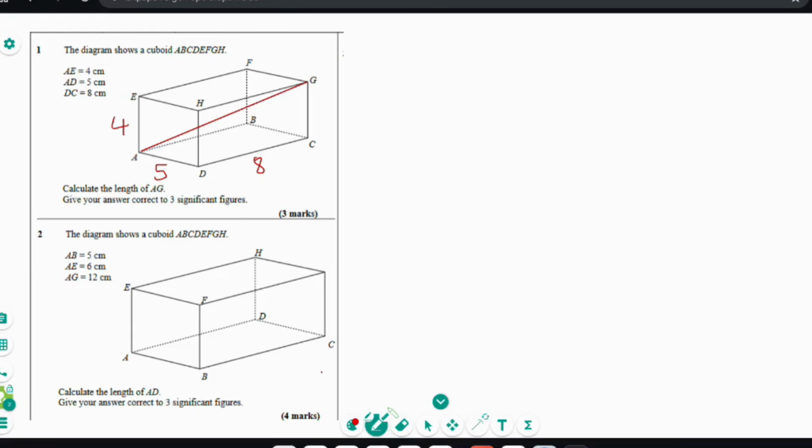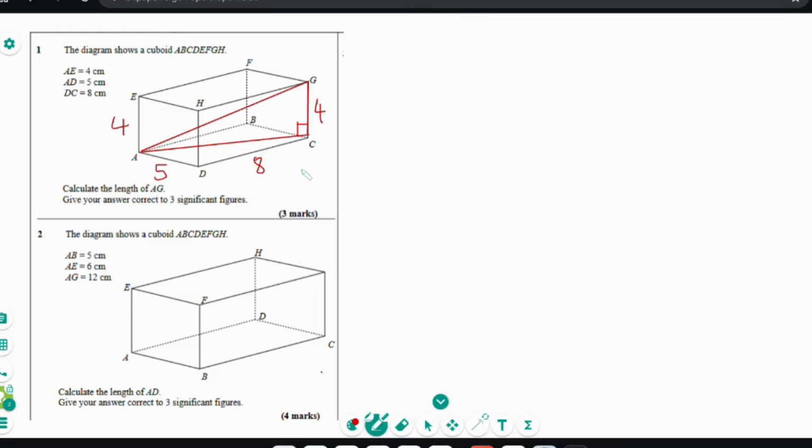So first of all, it's making our right angle triangle. Where is that? Hopefully you can see it is this triangle here, A, C, G. Now, GC is 4.